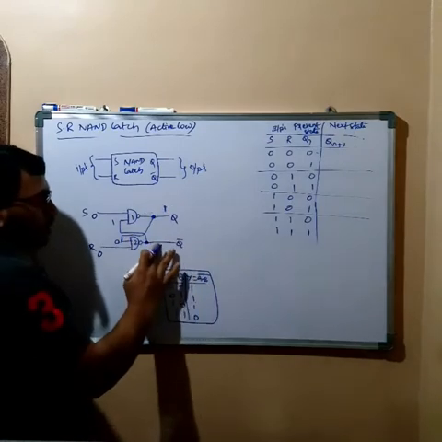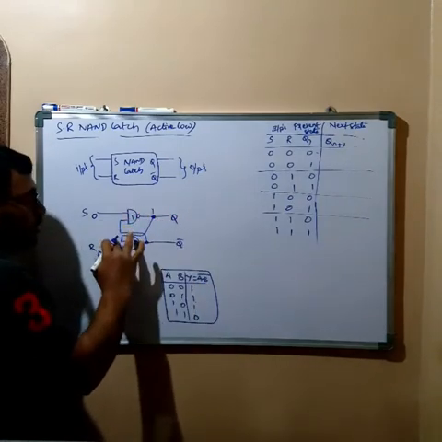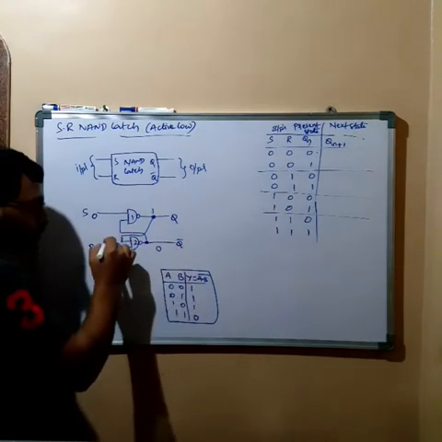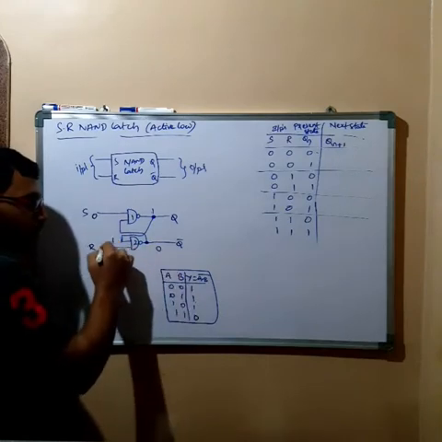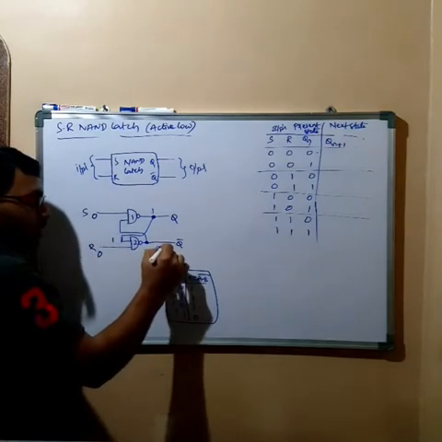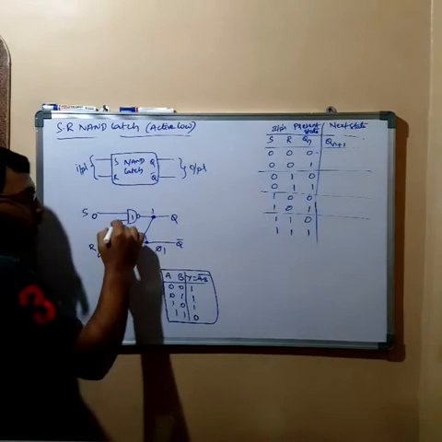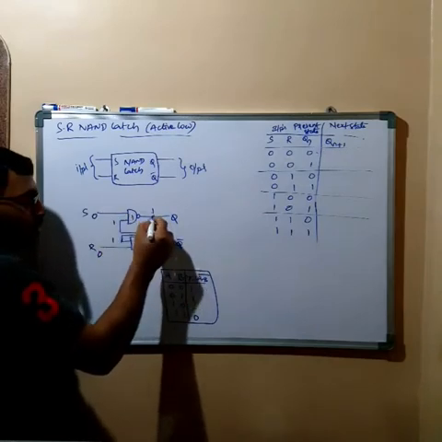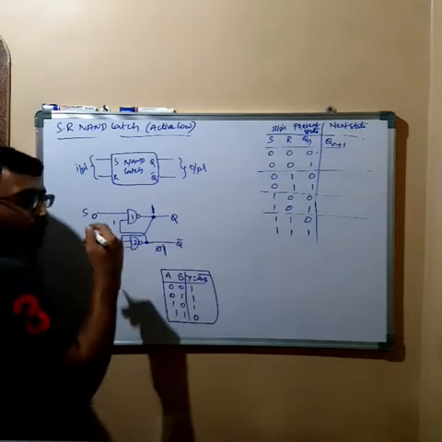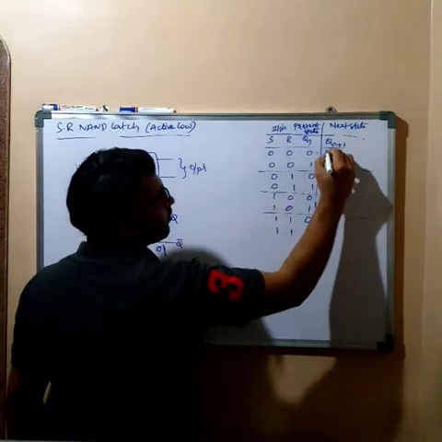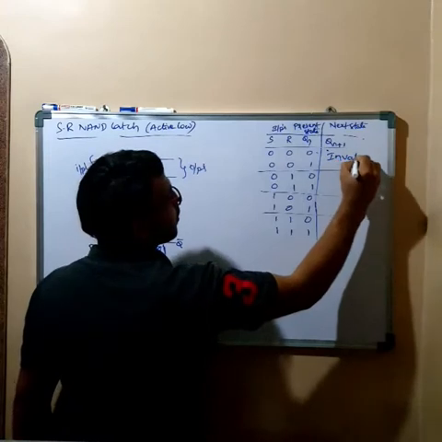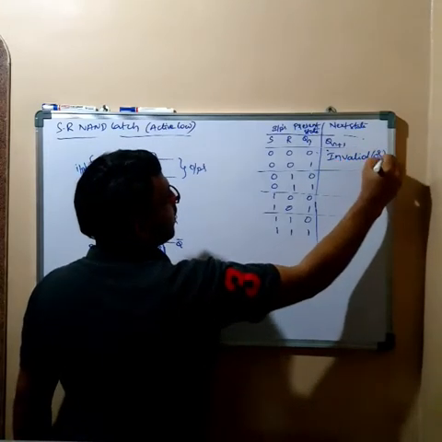Let us see the next case. If the past output is assumed as 1 for the same inputs 0 0, the complement of this is 0, 1 appears here, 1 0 inputs to the NAND gate give the output 1. This 1 appears here, 0 1 will be 1. Again you got true output as 1, complemented output as 1, so this is invalid, or an indeterminate state.